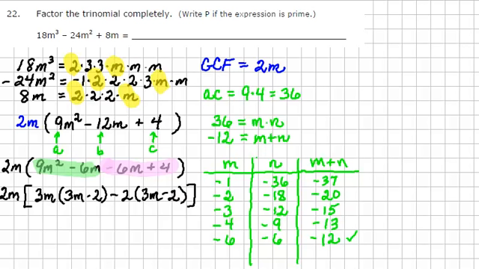Now, at first glance, it may seem like we're making things more complicated, but what we want to recognize now is that we have two terms, and each of those two terms has a common factor of 3m minus 2. So we're going to factor out the 3m minus 2.